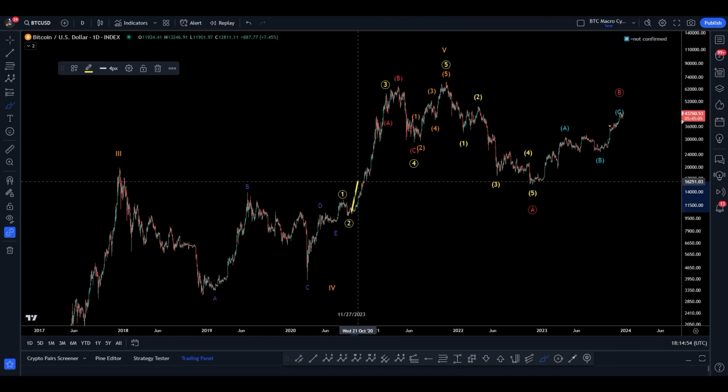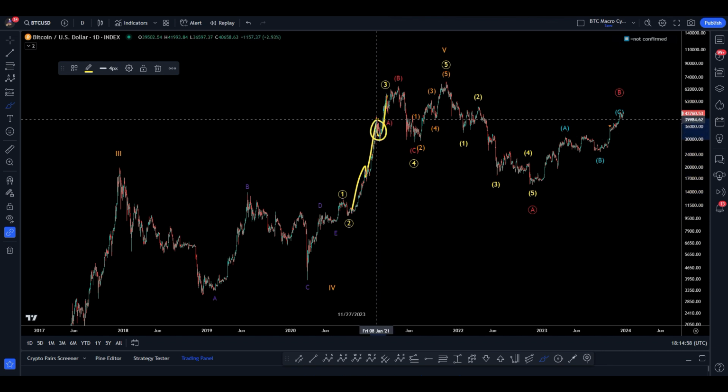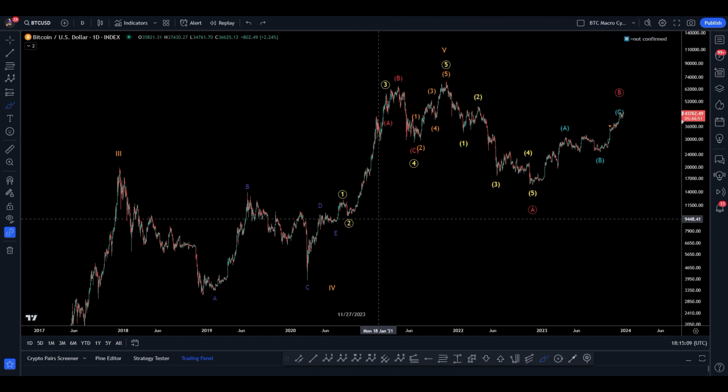So you can go 1, 2, 3, 4, 5 right here. The previous fourth wave is here. And that's where the larger fourth wave bottomed nearly exactly right at the end of the previous fourth wave, which is a very common thing to happen.